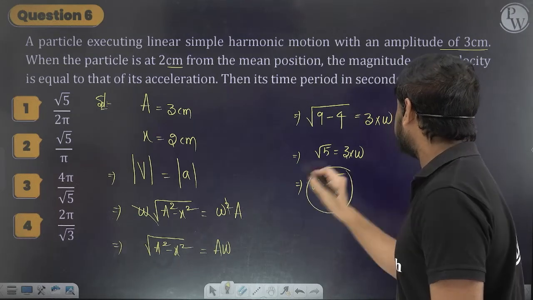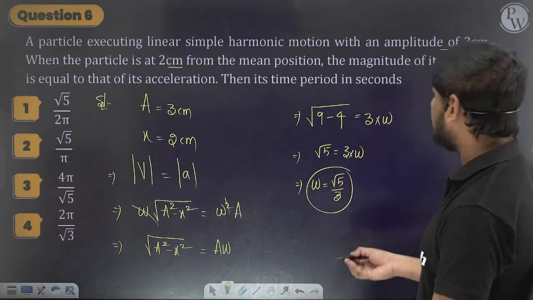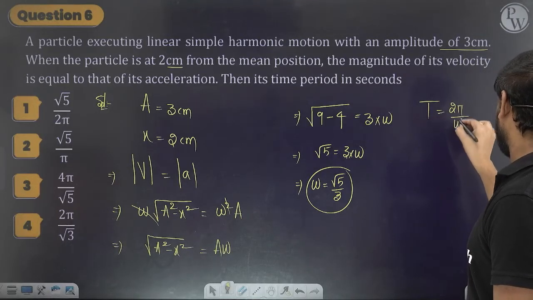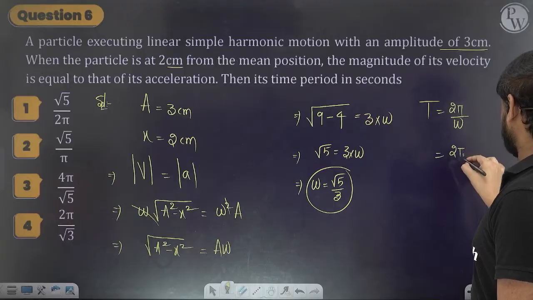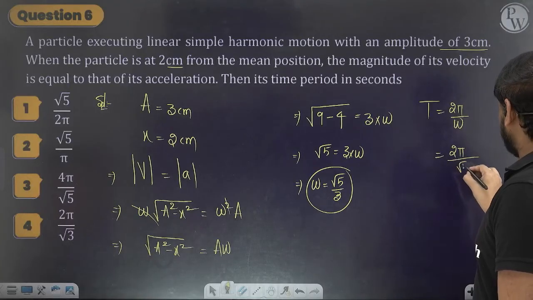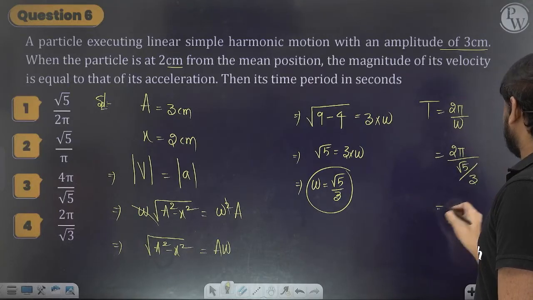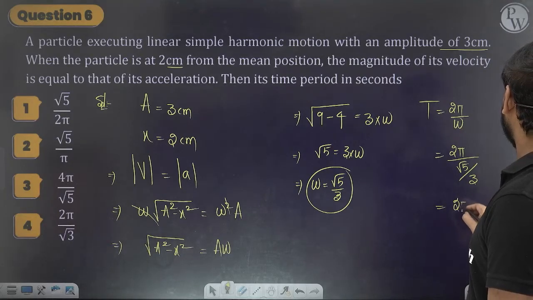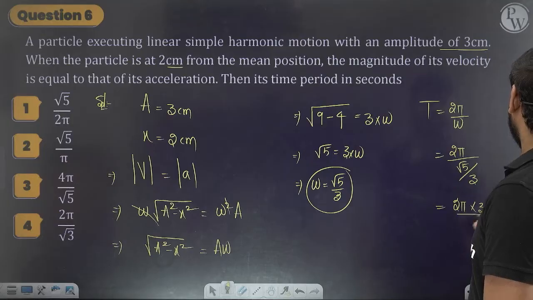Done. Do the calculations with me. So I need the time period. I got omega, so shall I find the time period? 2 pi by omega. So 2 pi by root 5 by 3. Send this 3 to the upside, so we get 2 pi into 3 by root 5.